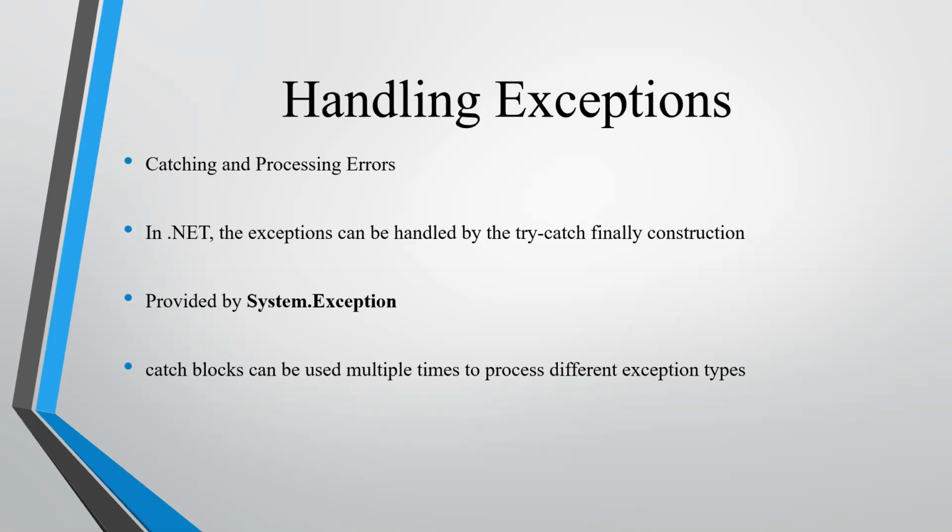Catch blocks can be used multiple times to process different exception types. We'll see the try catch block in detail, but for now, understand that we can use multiple catch blocks in a single program to catch different exception types in the execution of a program.